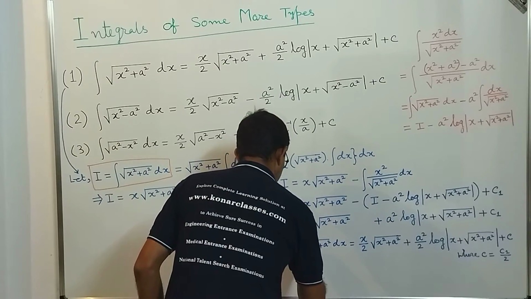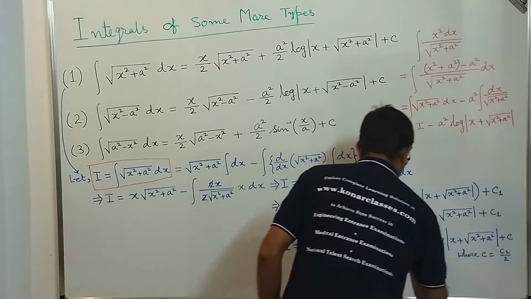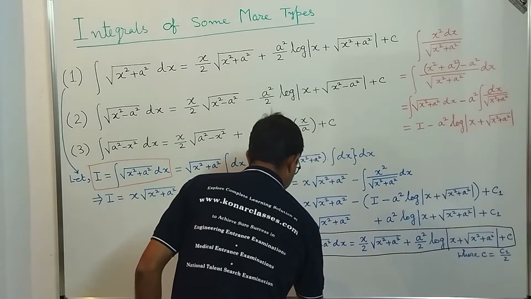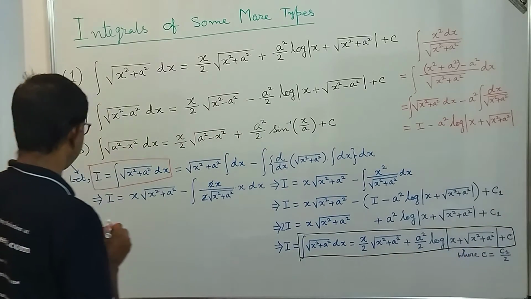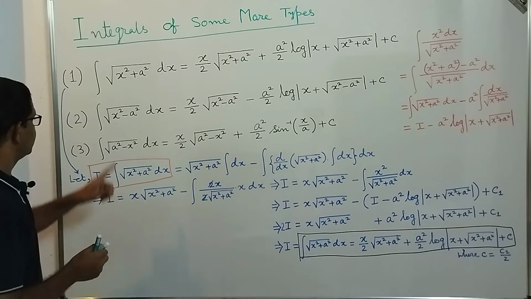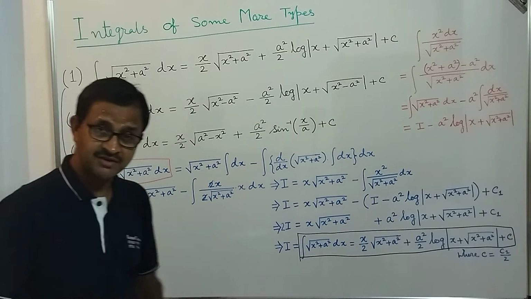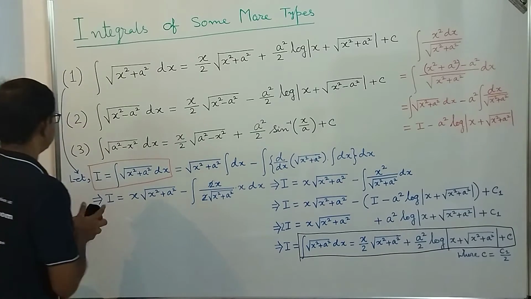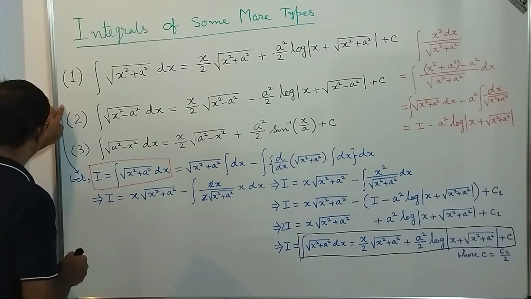Okay, so now let's concentrate on the second one. In the similar manner we can do it. We need to consider square root of x square minus a square as the first function, because this one, square root of x square minus a square, is not directly integrable.